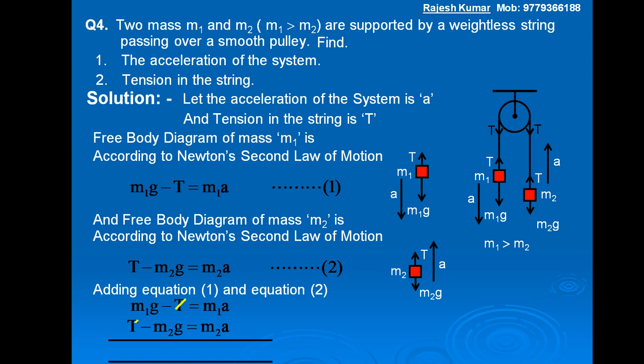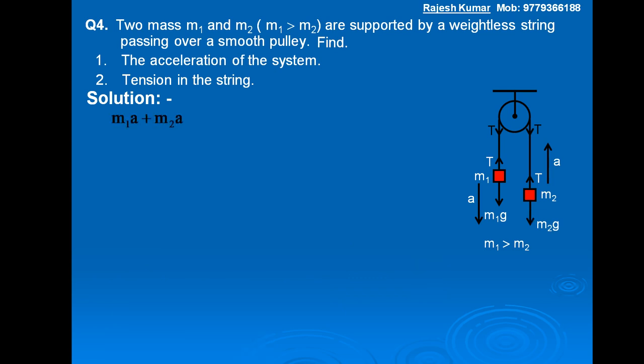Minus capital T and plus capital T cancel each other, so we get M1G minus M2G is equal to M1A plus M2A, or you can write M1A plus M2A is equal to M1G minus M2G. Now in the left hand side we can take A common, and in the right hand side we can take small g common. Therefore, M1 plus M2 within the bracket into A is equal to M1 minus M2 into small g, acceleration due to gravity.